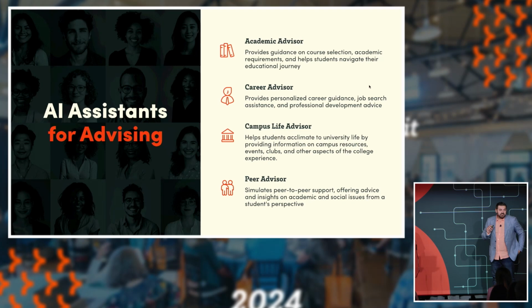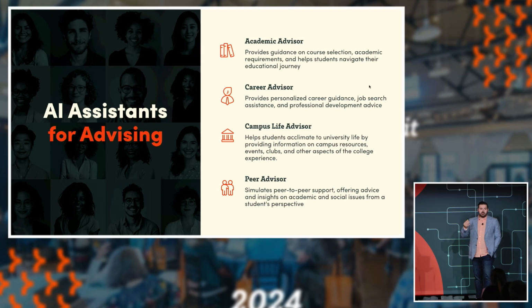And last but not least is peer advisor. This is super important because it's really peer-to-peer. It's meant to be more friendly, offering advice, insights on how to deal as a student with a lot of the changes going on. You saw this morning, Melina mentioned that students usually have to deal with a lot of changes and kind of shut off from new processes and new things just because they constantly need to learn new stuff.